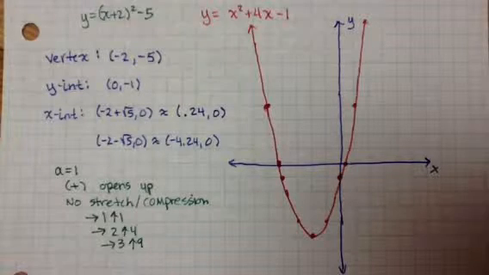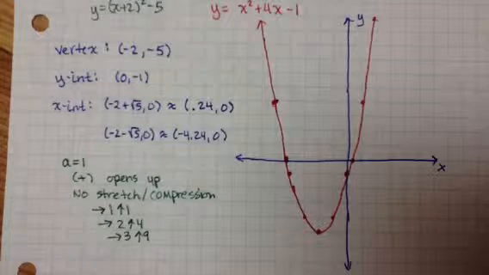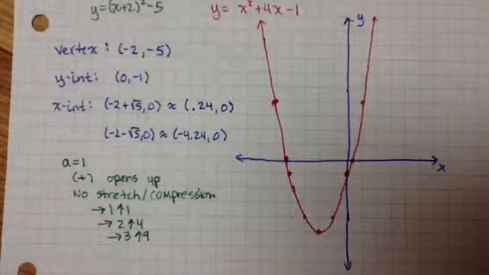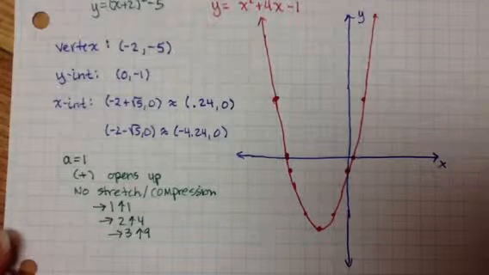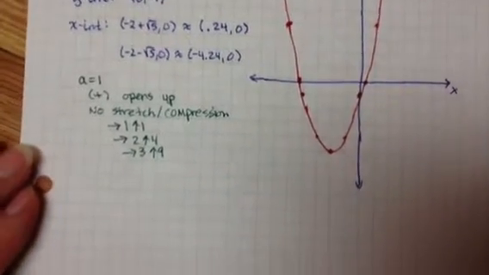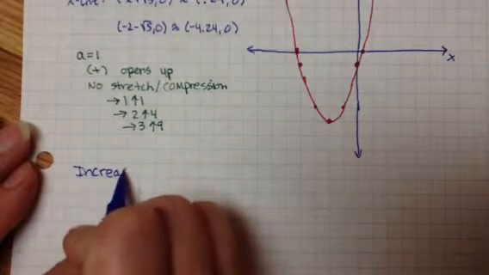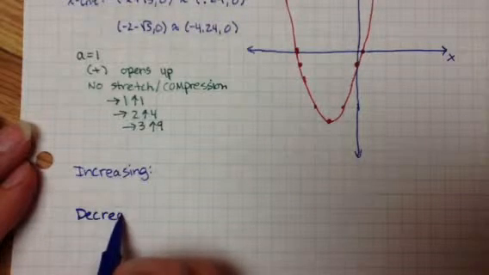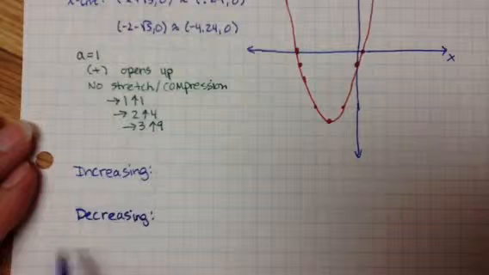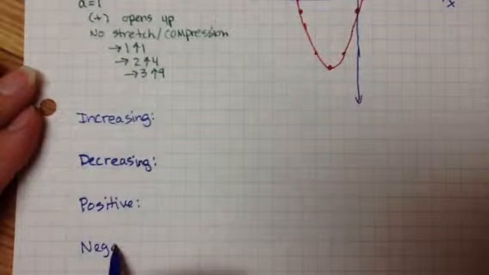Now we're going to come back to this graph and fill out some other information. Let me just write down the categories so that you can be ready when we come back to the graph. We're going to have another session where we give the information and then we'll come back to this graph. We're going to talk about where the graph is increasing, where the graph is decreasing, where it is positive, where it is negative.